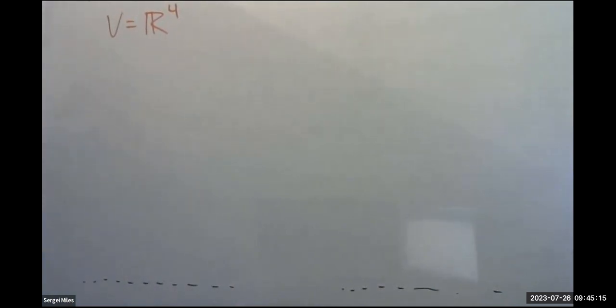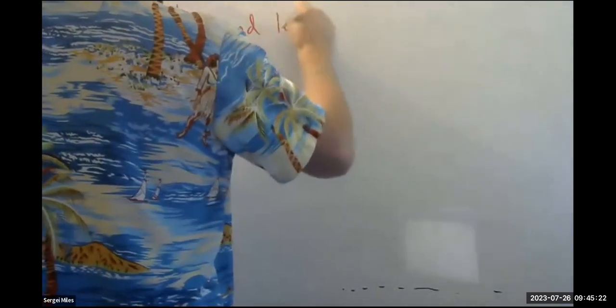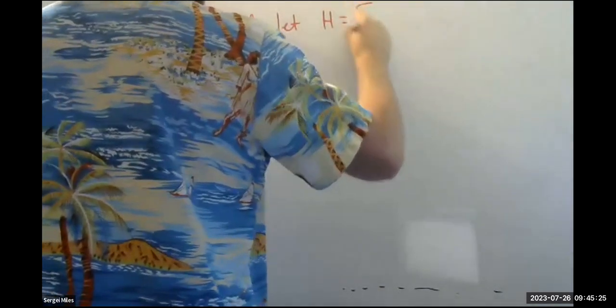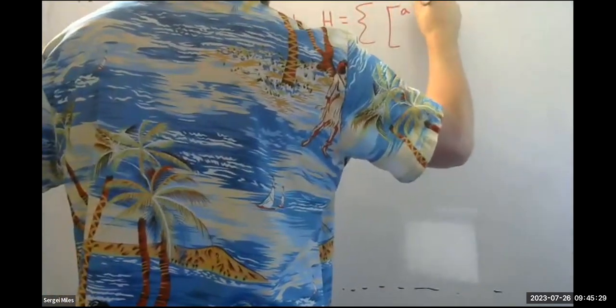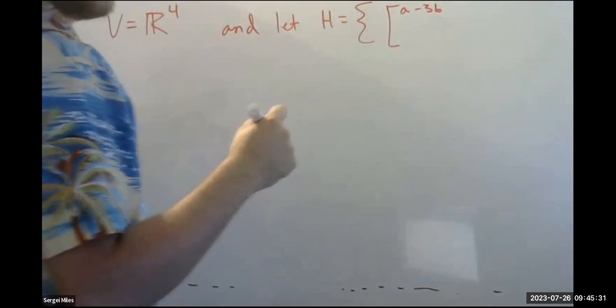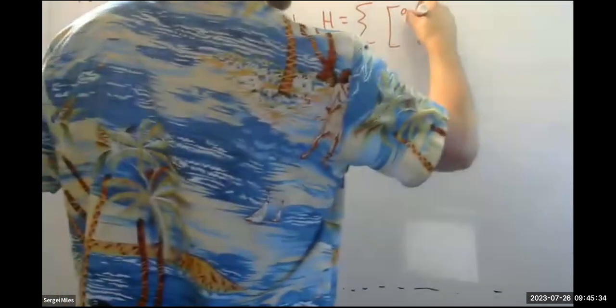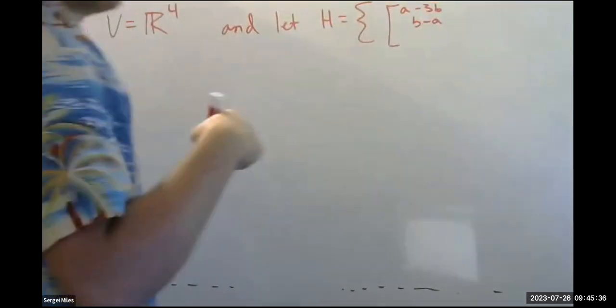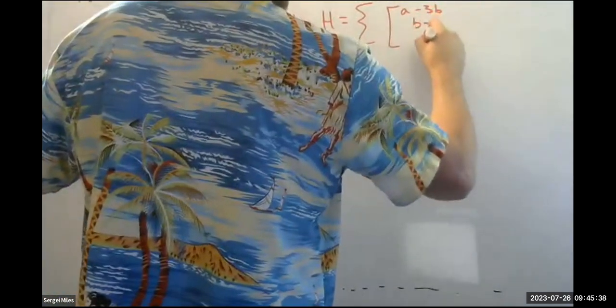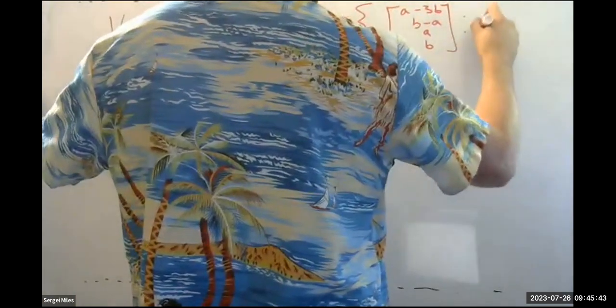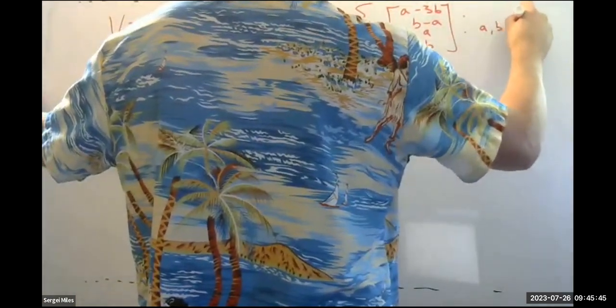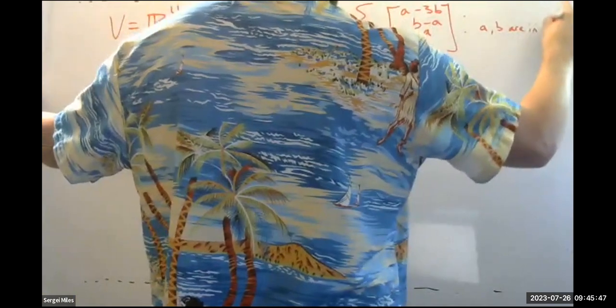It's a 4-dimensional vector space, but still a vector space. And let H equal this set: (A minus 3B, B minus A, B), a vector in R4 such that A and B are in R.